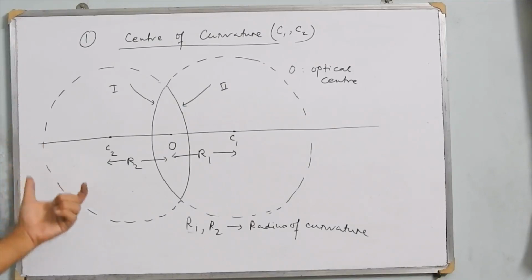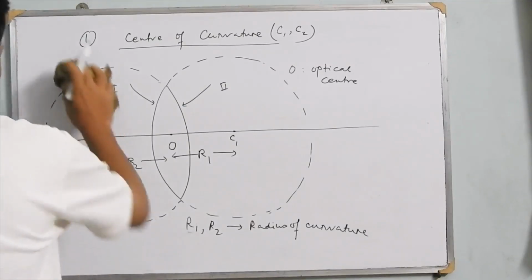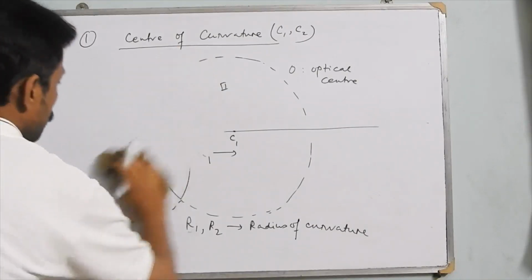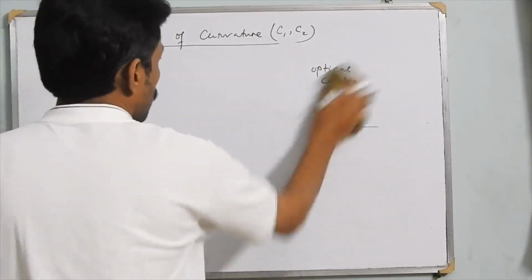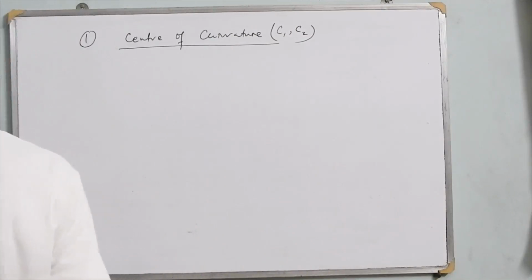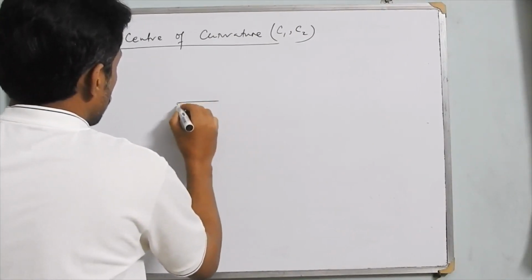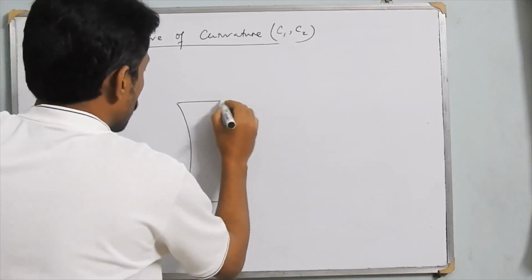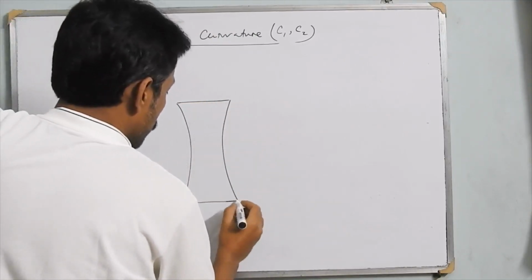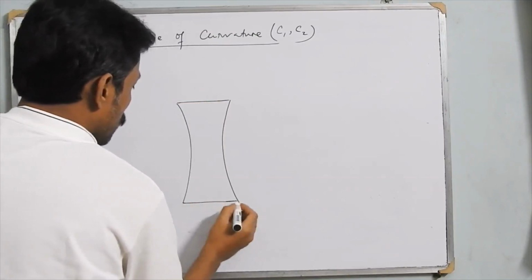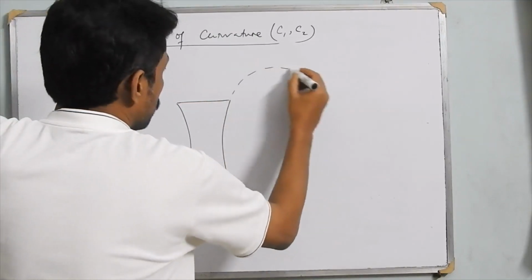So this is true for a concave lens also. So with respect to the concave lens, the diagram will be something like this. Suppose this is the concave lens. It again has two refracting surfaces which are curved, and those curved sections are portions of a sphere.